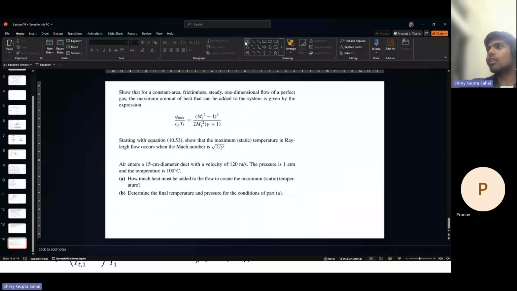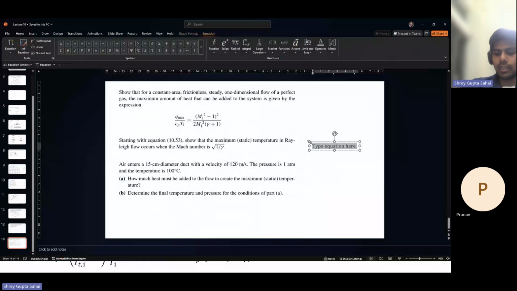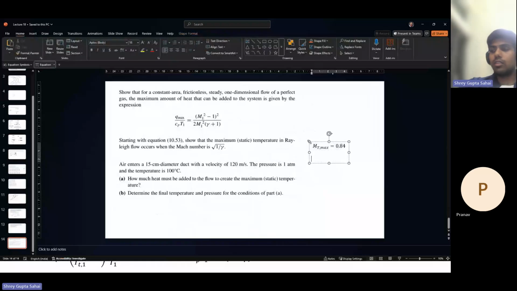And if you solve for 1 by square root of gamma, with gamma 1.4, you'll get 0.84. So the Mach number at T max will be 0.84.